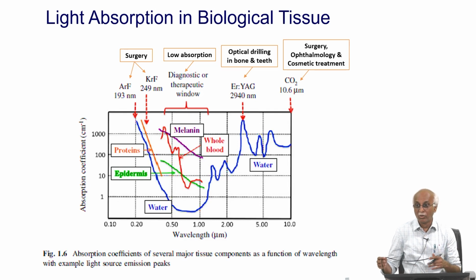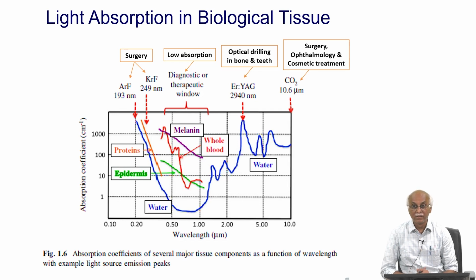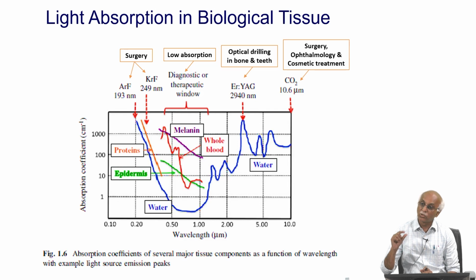So blood analyzers, oxyhemoglobin measurements etc. are based on this absorption spectroscopy technique. It is very easy to derive. Pulse oximetry is also based on this absorption spectroscopy technique.